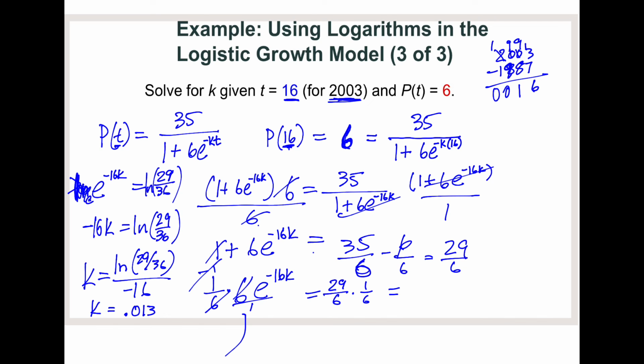Yep, 5 rounds down, stays as a 5. So the rate of growth appears to be 0.0135, or 1.35%. So our current rate of growth appears to be about 1.35% for the world as a whole.